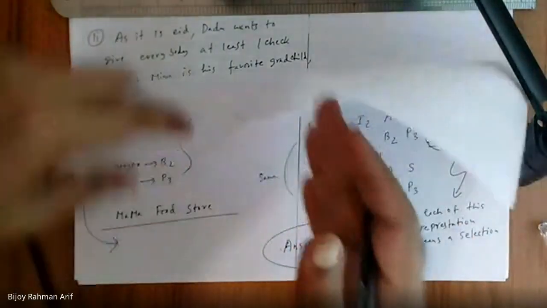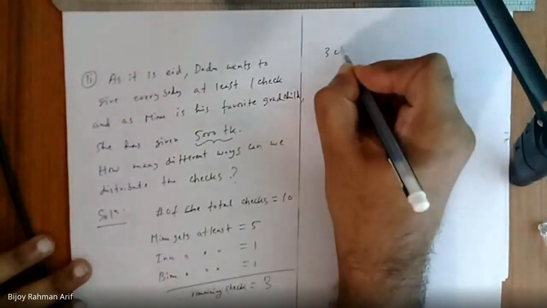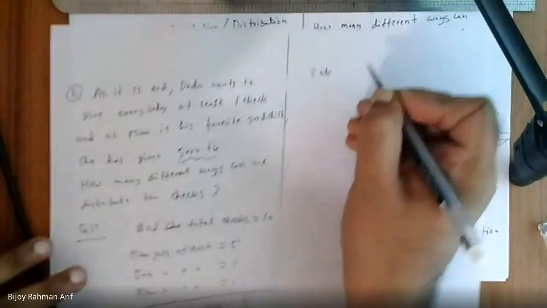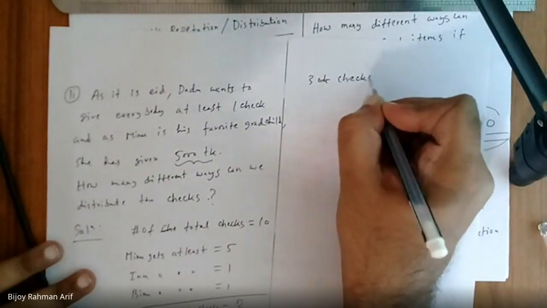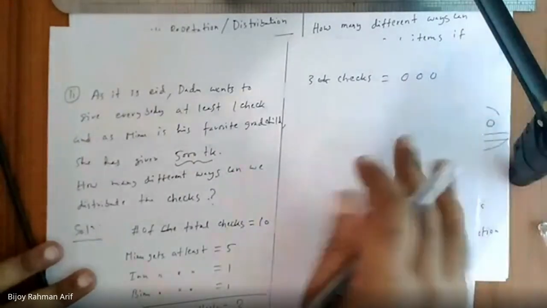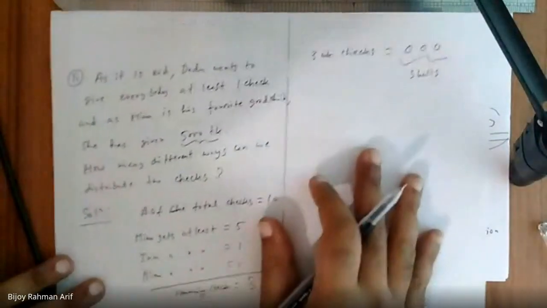Now, how many balls are there? Previous problem, আমরা কোনটাকে বল ধরেছি? চেককে বল ধরেছি। তাহলে 3 checks means 3 balls. আর people কয়জন? 3.